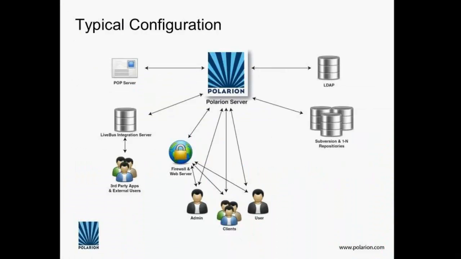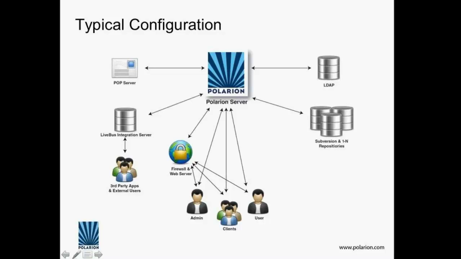If we looked at what a configuration looked like in a typical enterprise organization, we would see really just one Polarian server located globally and accessed by all stakeholders. These stakeholders can be inside the company. They could also be external stakeholders such as customers, suppliers, vendors, and auditors.